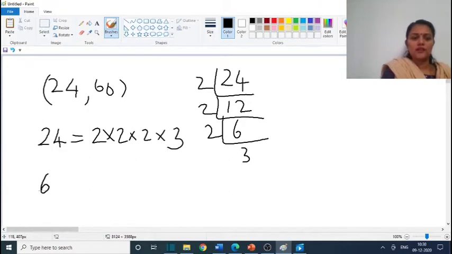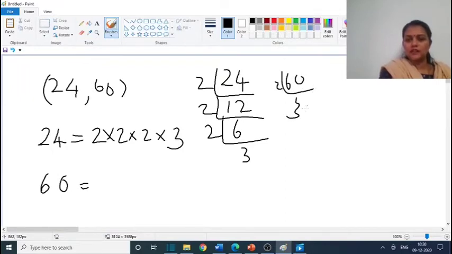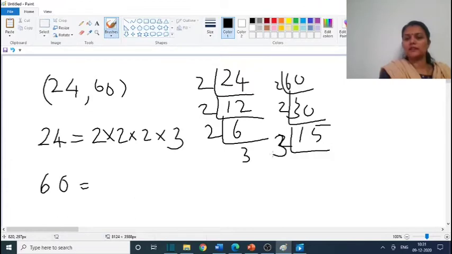Now we have to write for 60. When we divide 60 by 2, the answer is 30. Again by 2, the answer is 15. Again we can't divide by 2, we can divide by 3, the answer is 5.